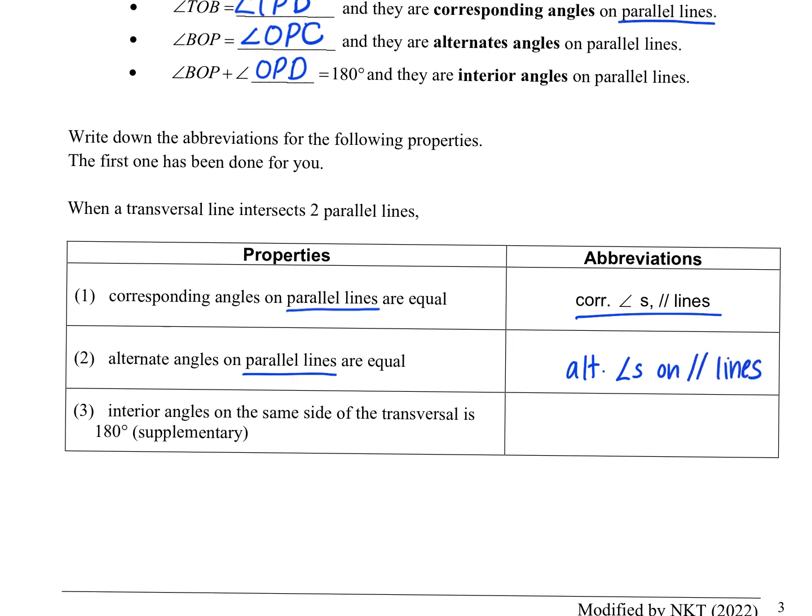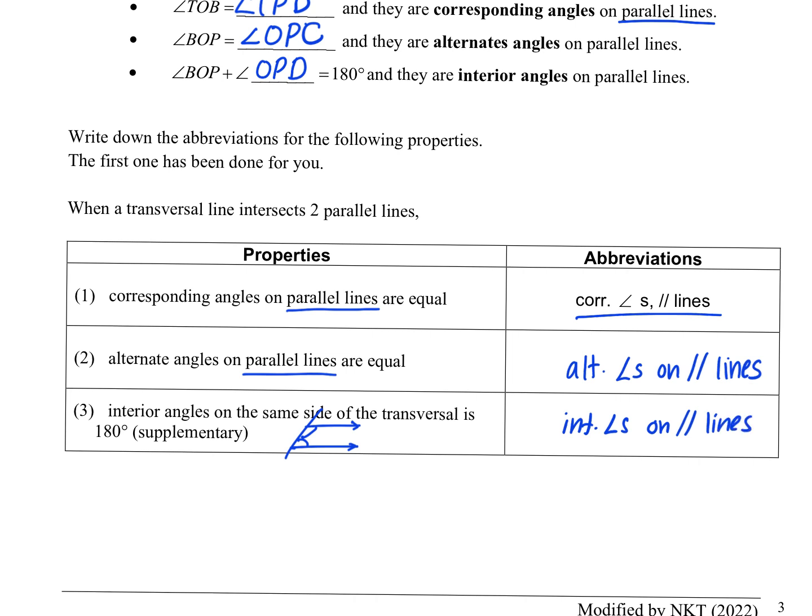Right? Last but not least, interior angles on the same side of the transversal are supplementary. So if I have these two parallel lines, and I have the transversal, on the same side, the interior angles over here, these two will always add up to 180 degrees. So interior angles on parallel lines.